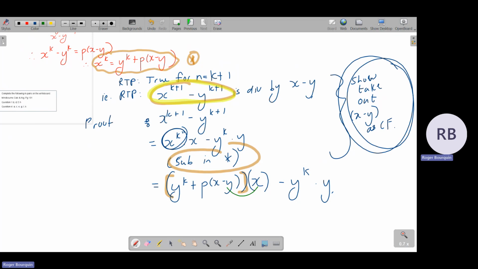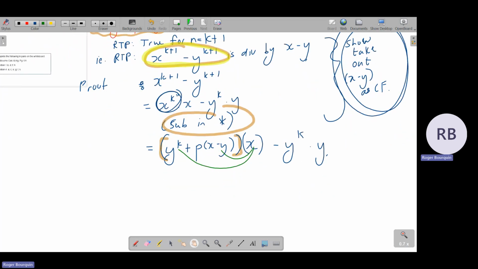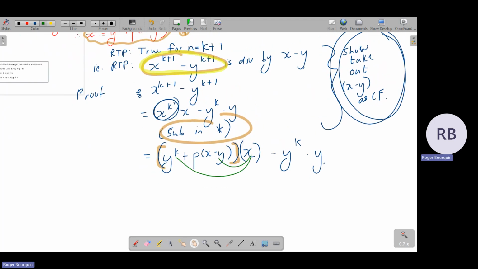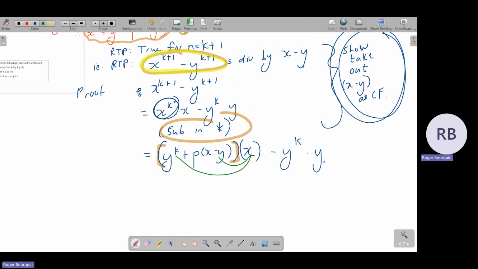So I times x by that, and I times x by that. It's x times the whole thing, so distribute x into that term and into that term.